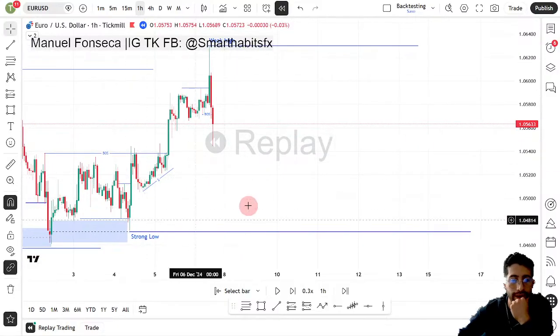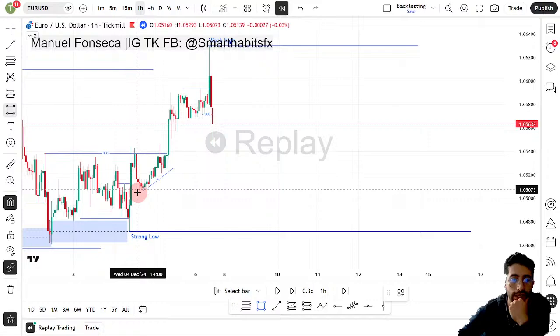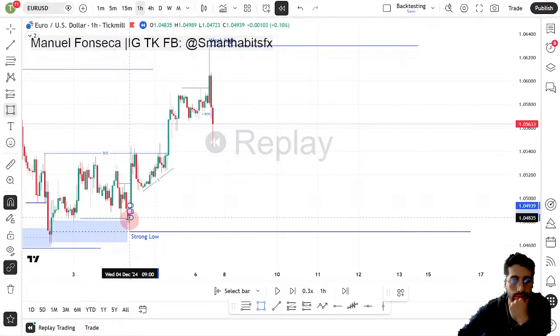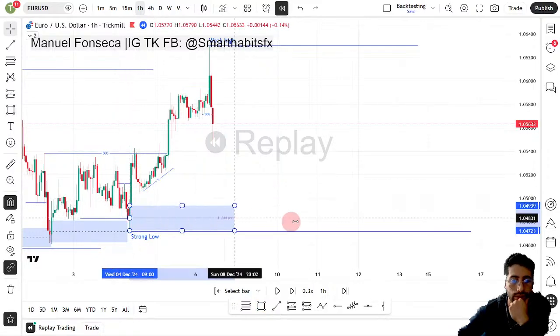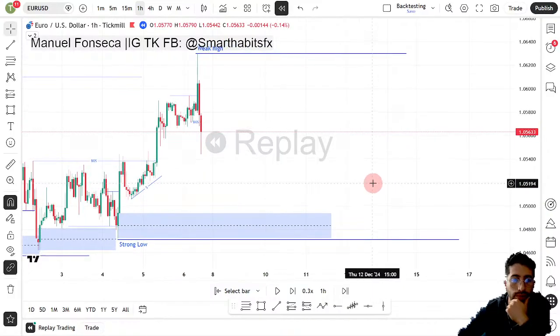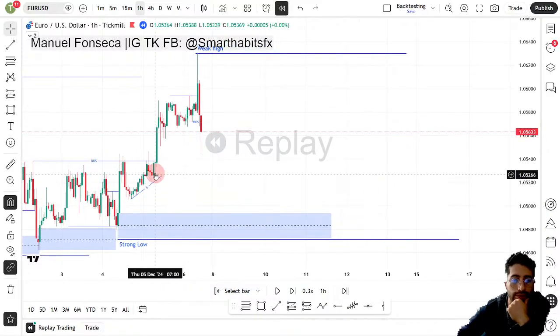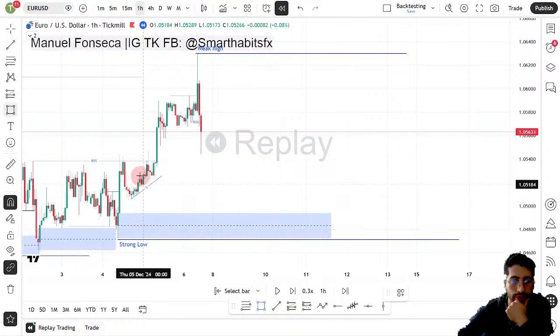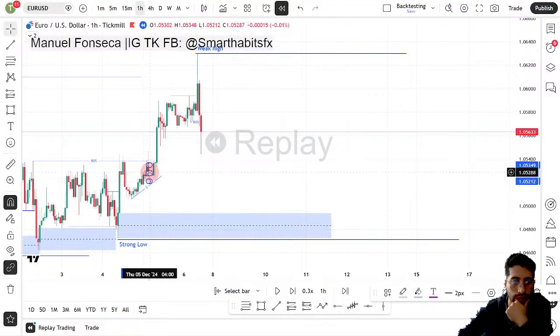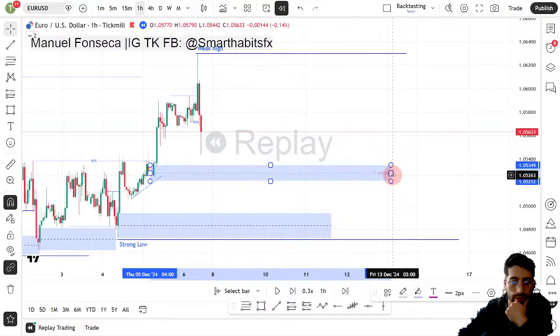Probably the price may react here on this order block, or maybe after this, even in this decisional, prior confirmation, because there is liquidity prior to this decisional. So what we need to see is how the price reacts.